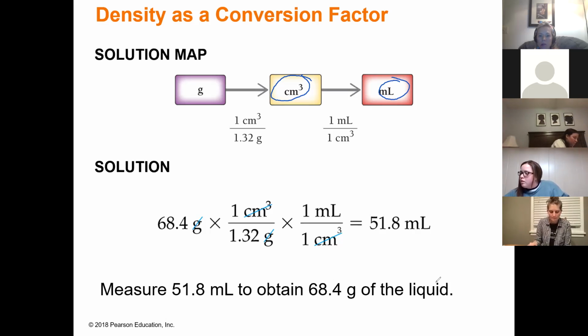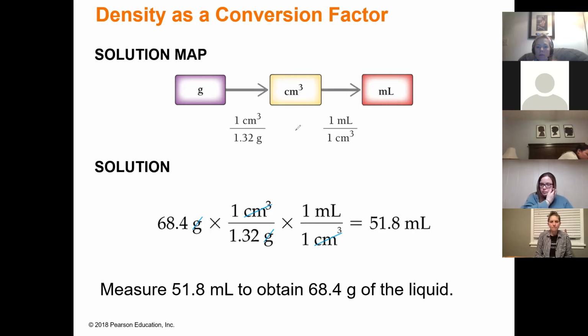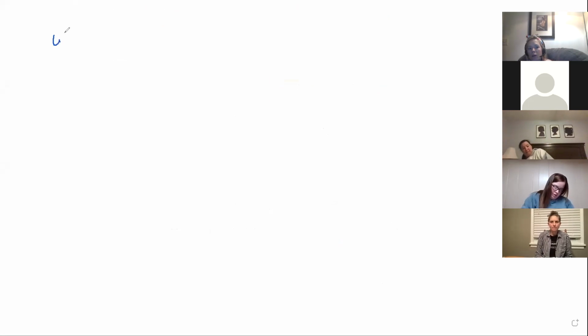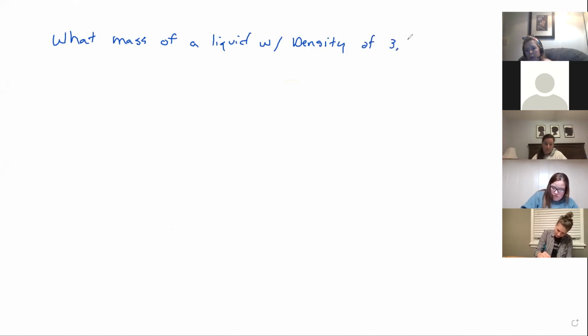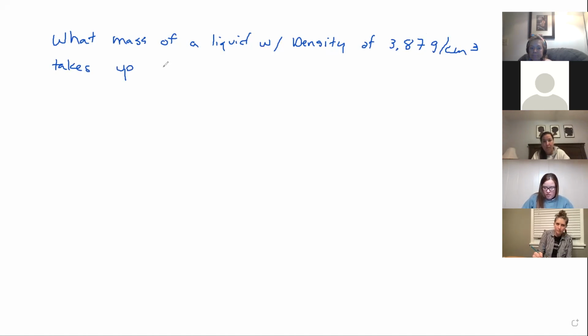So, what mass of a liquid with density of 3.87 grams per centimeter cubed takes up 145 centimeters cubed?